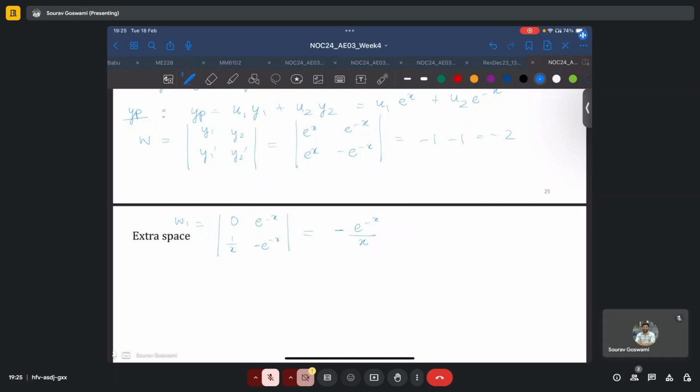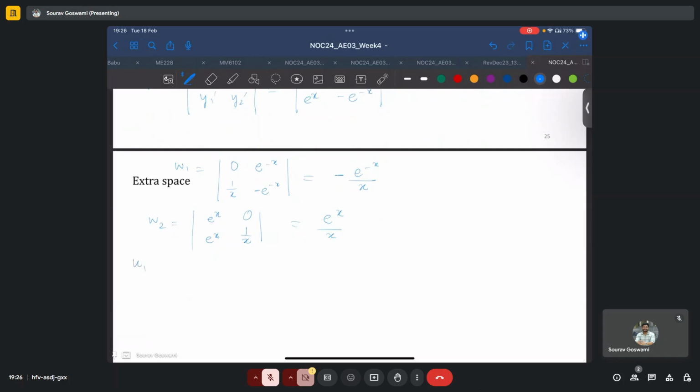And the Wronskian w2 will involve replacing the second column with 0 and fx. This is simply e power x by x.